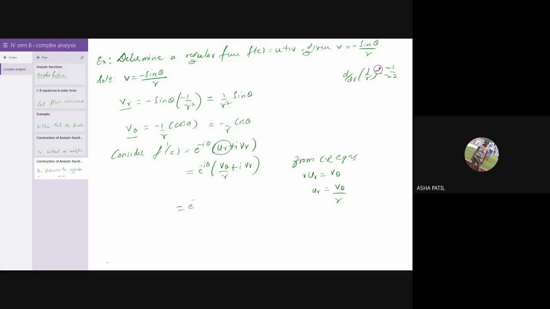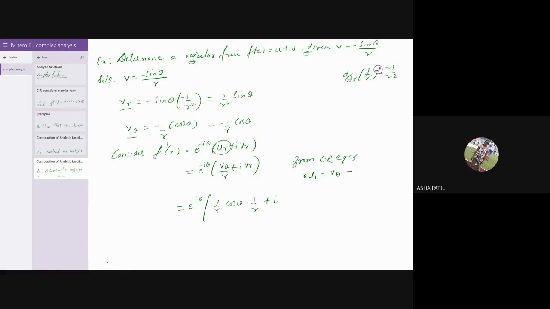Now substitute their values: e raised to minus i theta, v theta means it is minus 1 by r cos theta, again divided by r, plus i into vr.